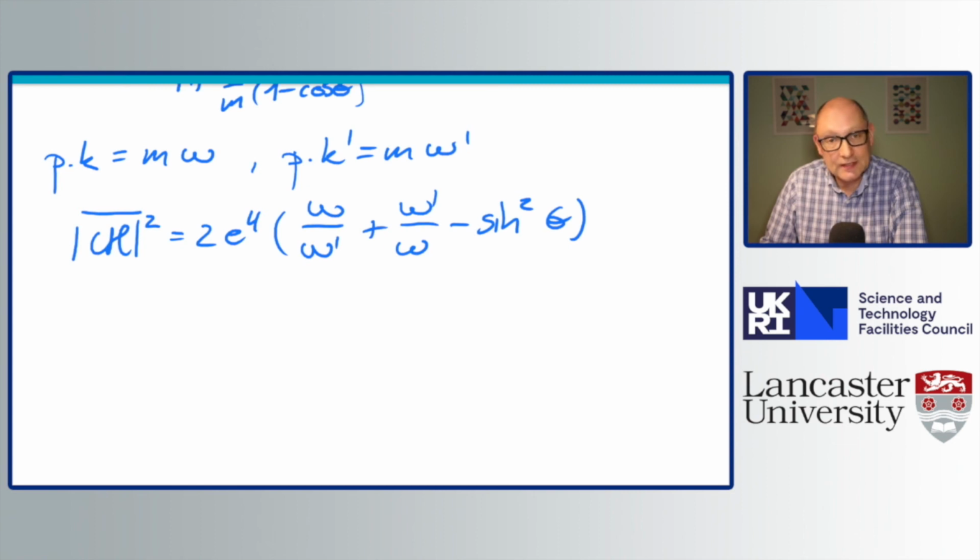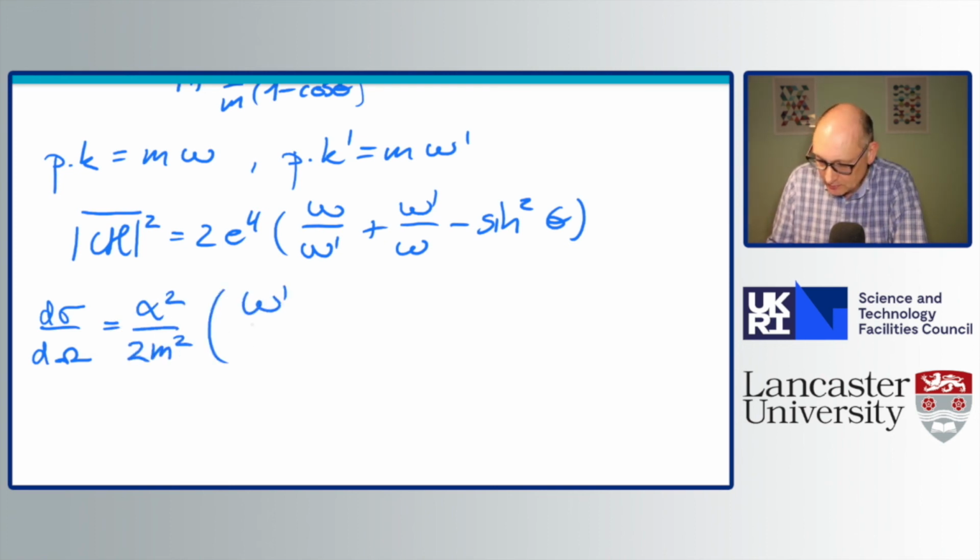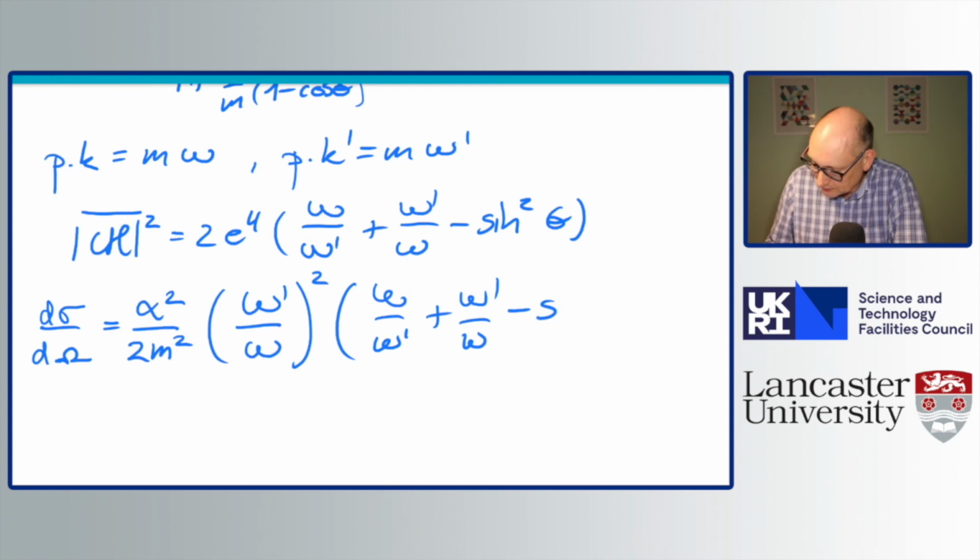I'll just state that the result is d sigma d solid angle equal to alpha squared over 2m squared, (omega prime over omega) squared, times (omega over omega prime plus omega prime over omega minus sine squared theta).